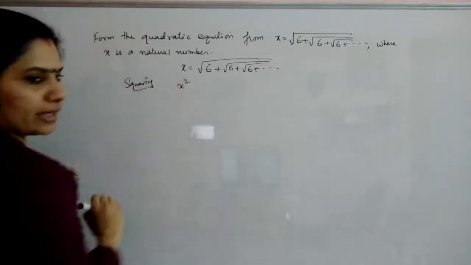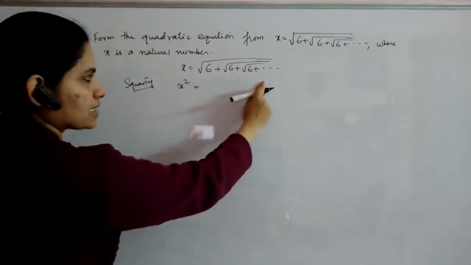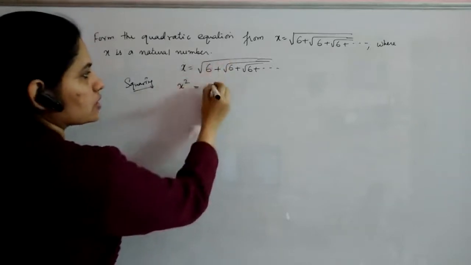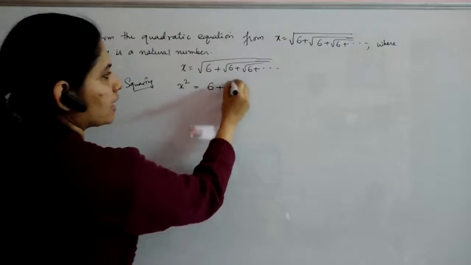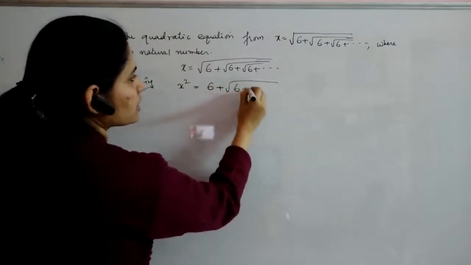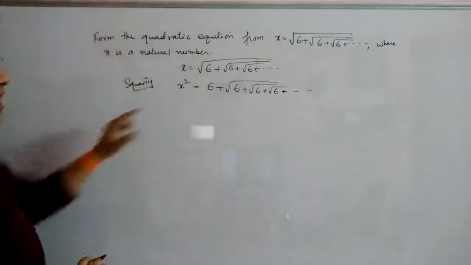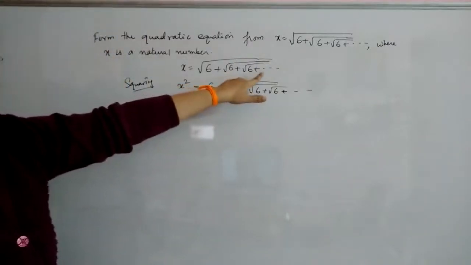This will give you x square on the left. On the right-hand side, the first root will go, so this becomes 6 plus root of 6 plus root of 6 plus root of 6, and so on till infinity.